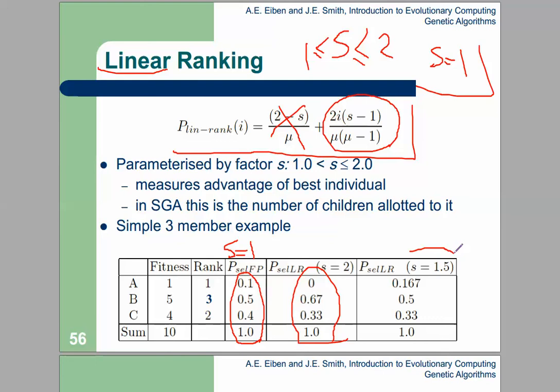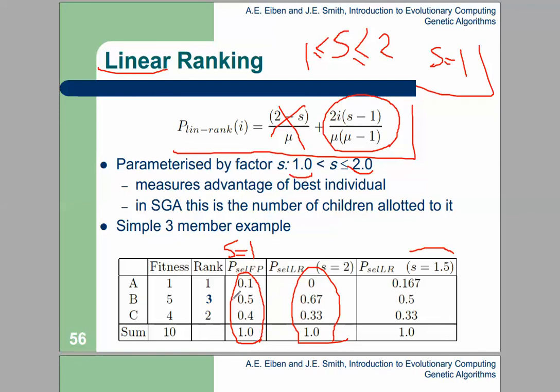It changes the selection pressure. Ranking has the highest pressure and random selection has the lowest pressure. 2 is the highest pressure and 1 is the lowest selection pressure.